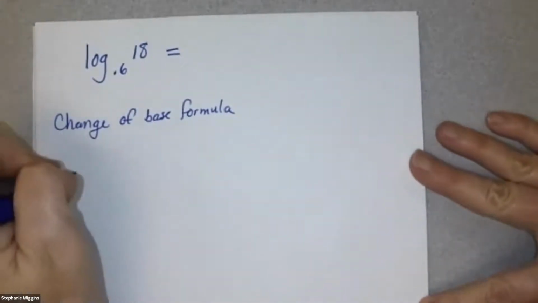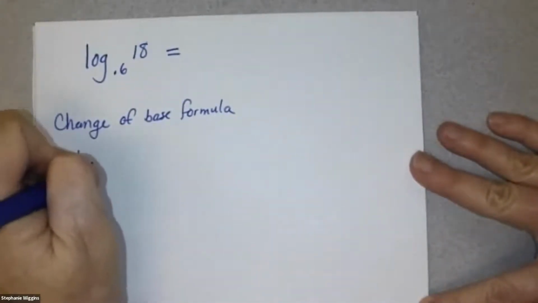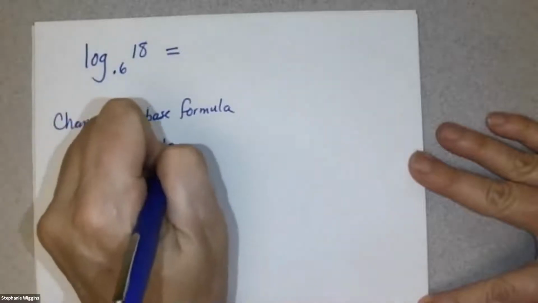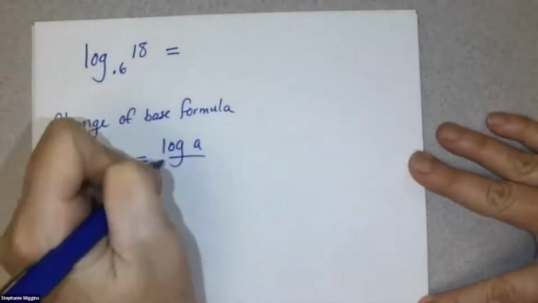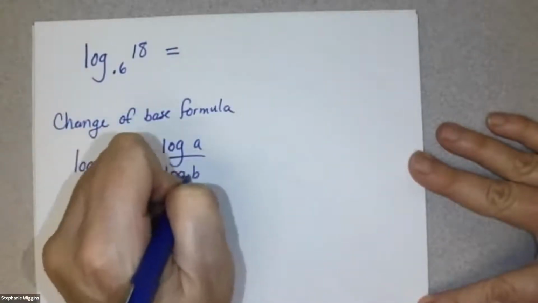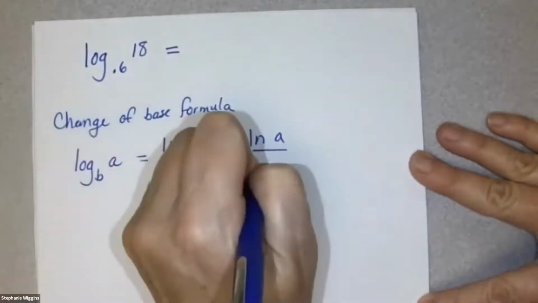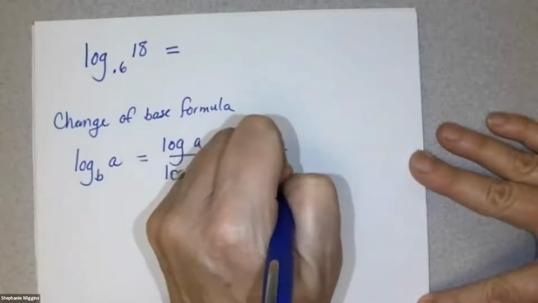So if you have a log of base b and you want to evaluate it at some constant a, you just take the common log of a and divide it by the common log of b, or if you want to, you can do the natural log of a divided by the natural log of b.